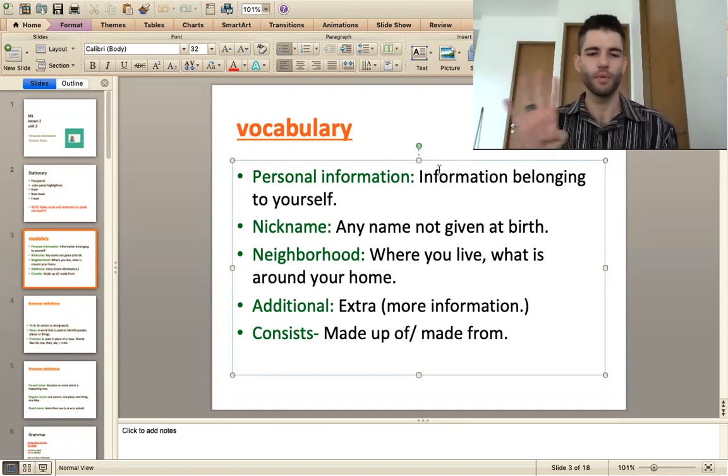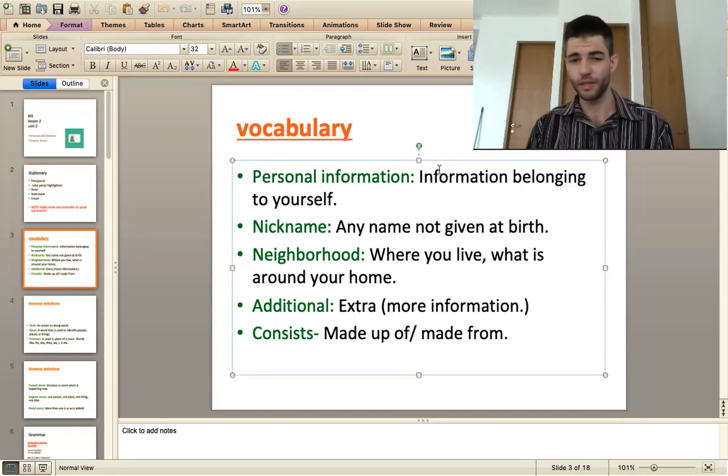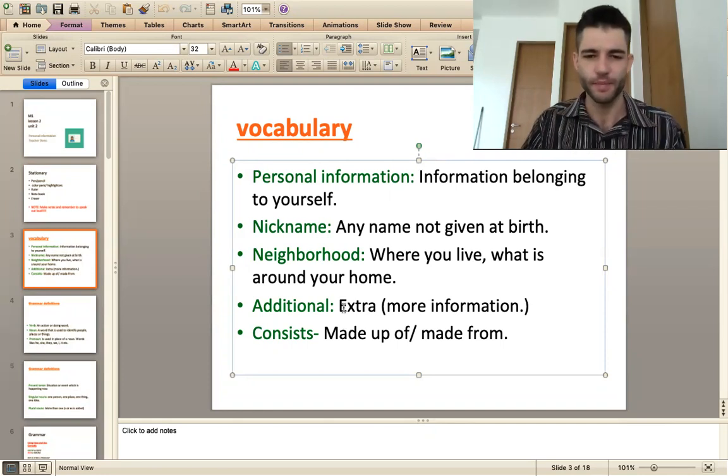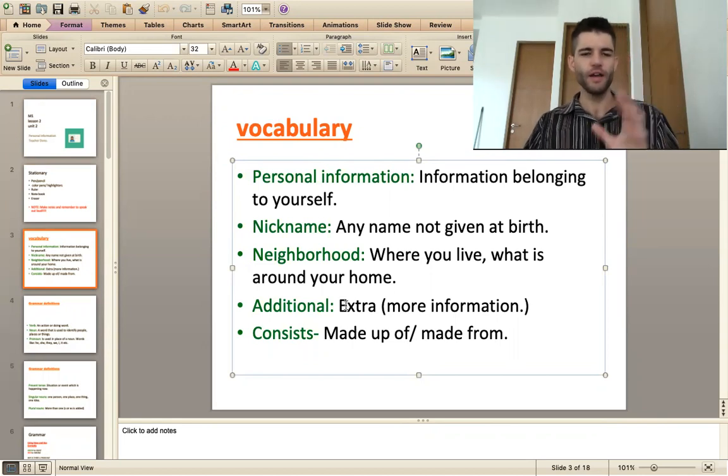Then number 4 is additional. Additional means extra or more information. So do you have additional information? Do you have more information? Something extra. And then number 5, it says consists.